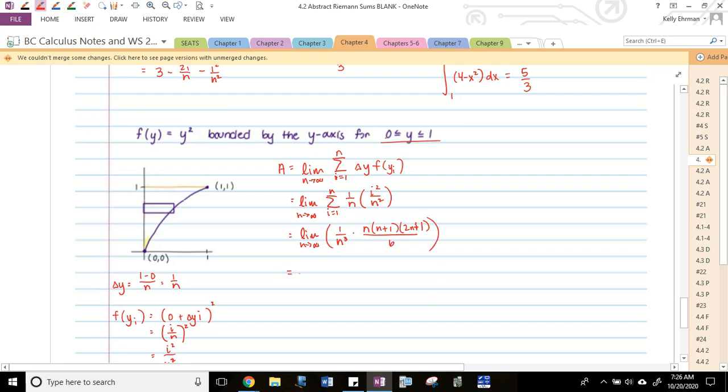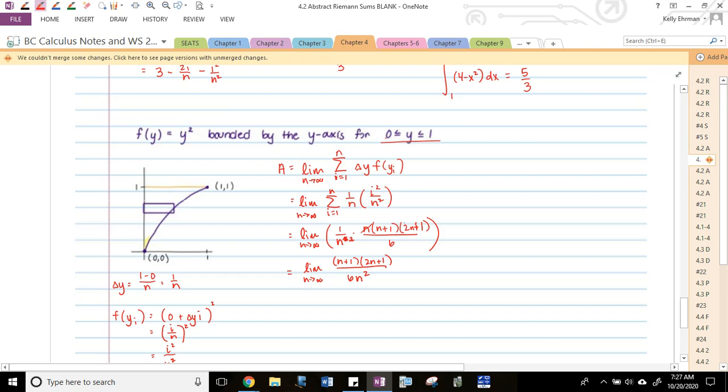Okay? We can simplify this a bit. This n cancels with one of those, so you have 2. So now we have the limit as n approaches infinity of n plus 1 times 2n plus 1 over 6n squared. Do you have to cancel that? No, you could still get the same result.